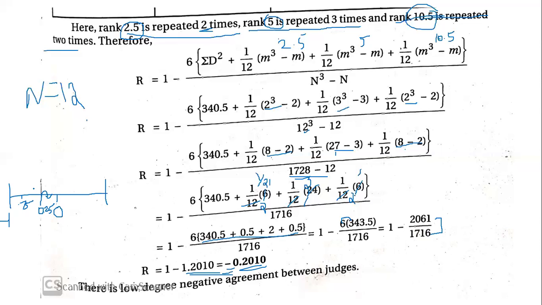So there is low degree negative agreement between the judges, or low degree negative correlation, which means one is giving one result, the other is giving a different result.